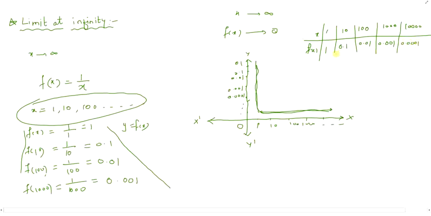So you can observe, as we take the value of x larger and larger, the value of f(x) becomes smaller and smaller. So if we increase the value of x up to infinity, then the value of f(x) will become so small and it tends to 0.